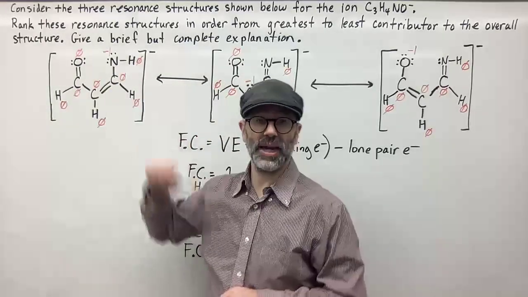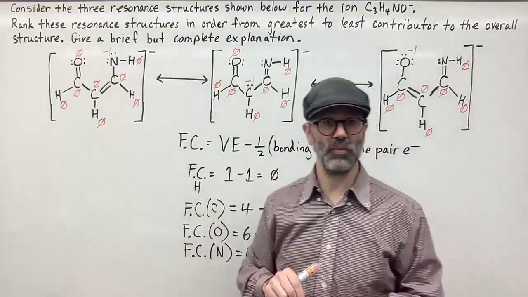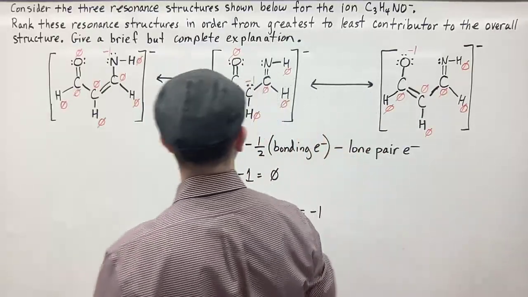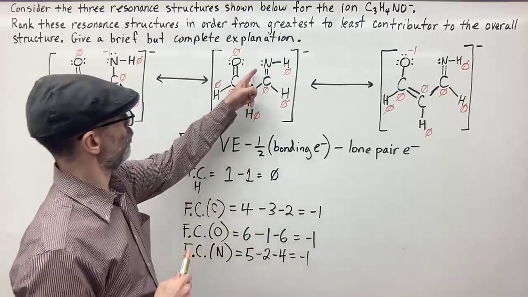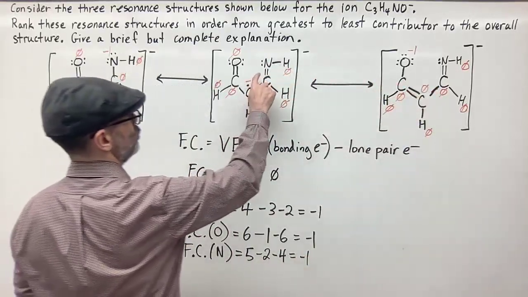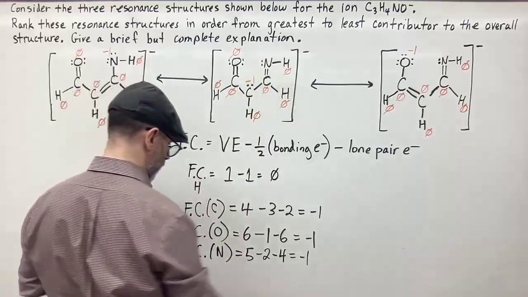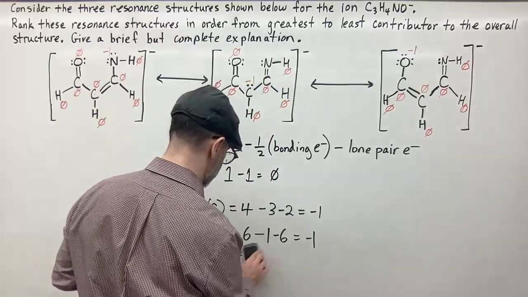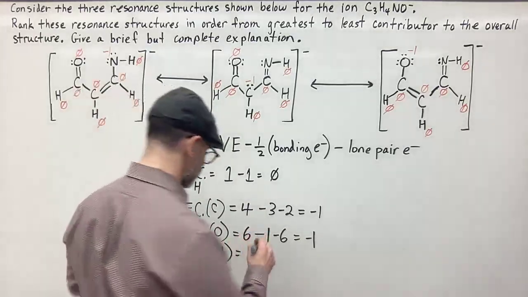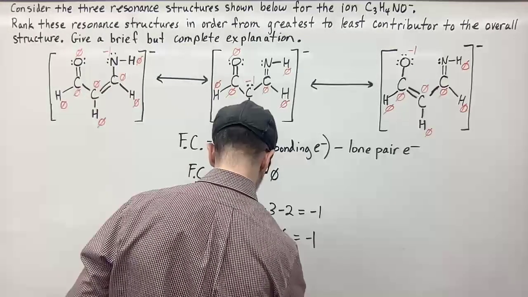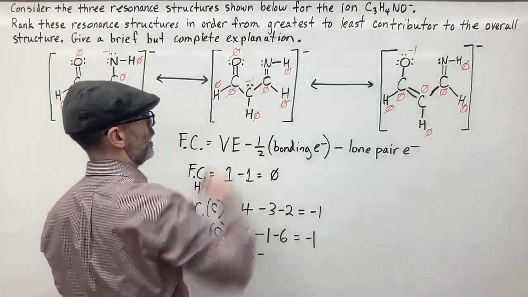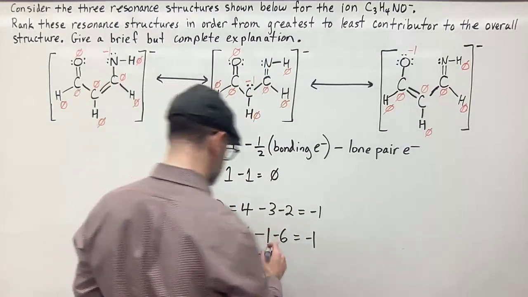So if you have a nitrogen that has 2 bonds and 2 lone pairs, then it has a formal charge of -1. Here we have 3 bonds, so that's not going to work. So here the nitrogen has 3 bonds and 1 lone pair. So let's go ahead and calculate that. So again, nitrogen has 5 valence electrons. We're going to subtract out 1, 2, 3 electrons for the 3 bonds.